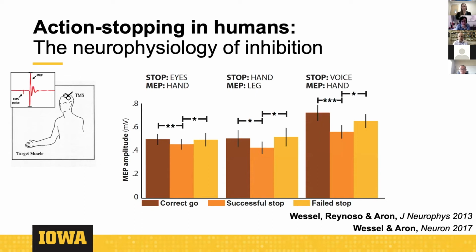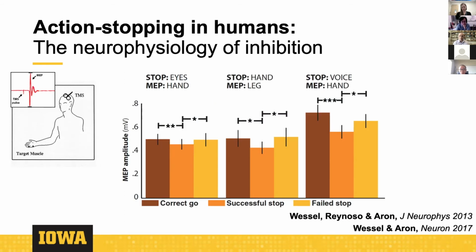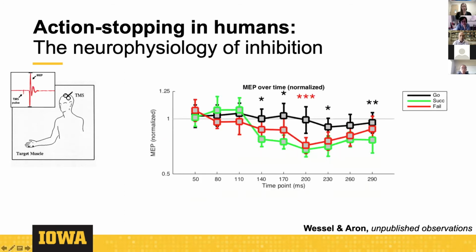But also, if you look at this with some time resolution, this suppression of the corticospinal excitability, you can see that indeed it starts pretty early on. So this is corticospinal excitability following a stop signal, time locked to the stop signal. And you can see that there is significant suppression already at 140 milliseconds following the stop signal, much, much before the onset of the frontocentral P3.